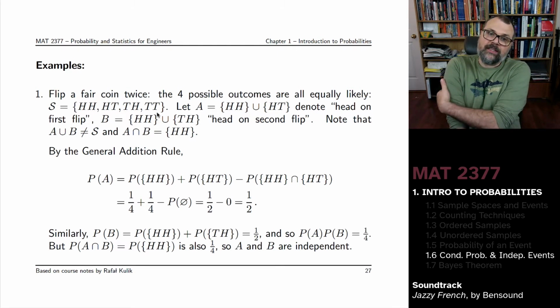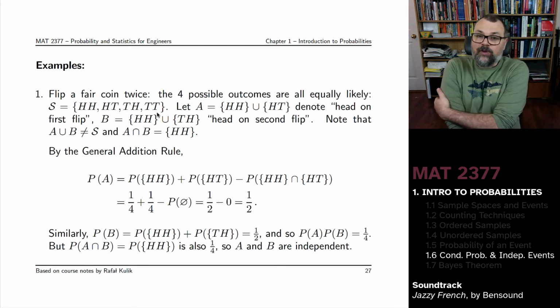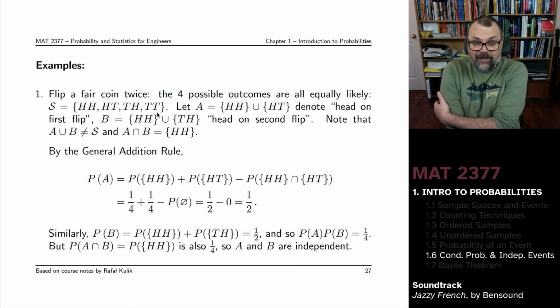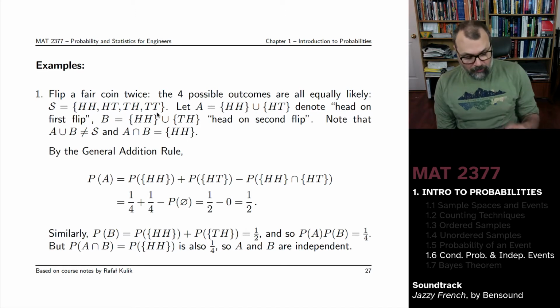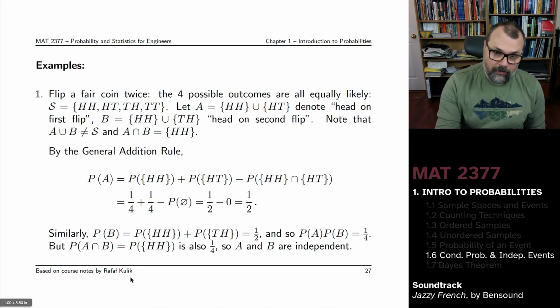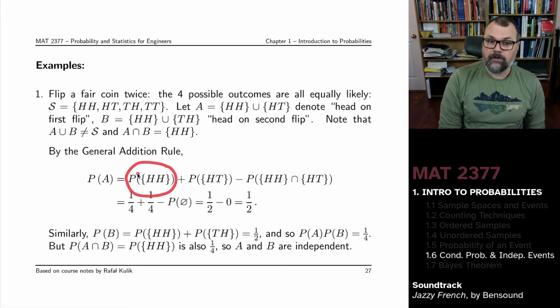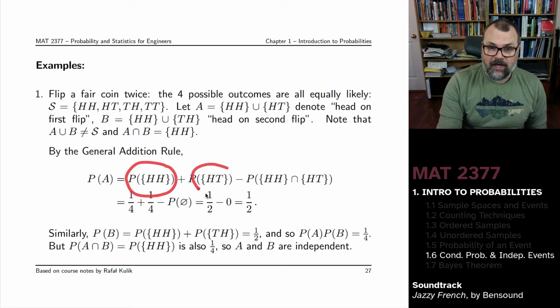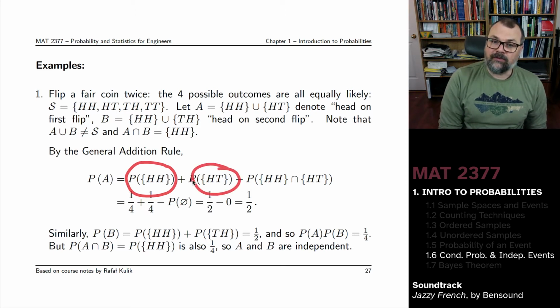What's the probability of observing event A? Well, we wrote A as a union of 2 potential outcomes, head head, head tails. So that would be the probability of observing 2 heads plus the probability of observing a head and a tail minus the probability of observing simultaneously 2 heads and 1 head on the first flip and a tail on the second.